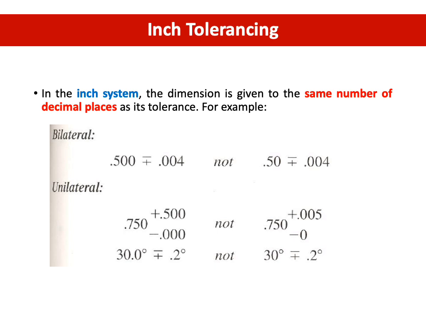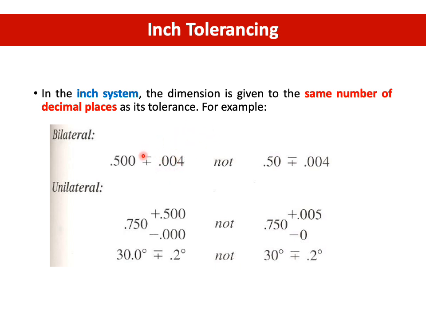Okay, so we are entering inch tolerancing. In the inch system, the dimension is given to the same number of decimal places. It needs to have the same decimal places between the size and your tolerance limit.